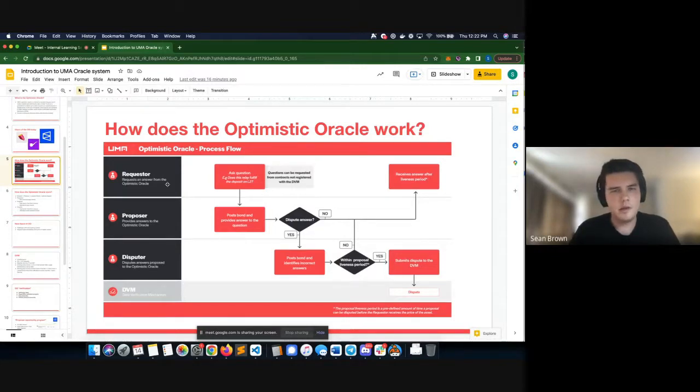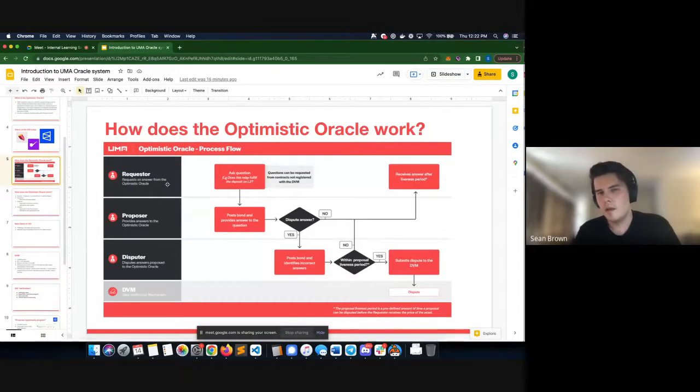During that review period, everybody can see what that proposer's answer was, and they can look at the UMIP and look at the price request themselves and calculate independently what they think the answer should be. And if it disagrees with what the proposed answer was, they are free to dispute that proposed answer.